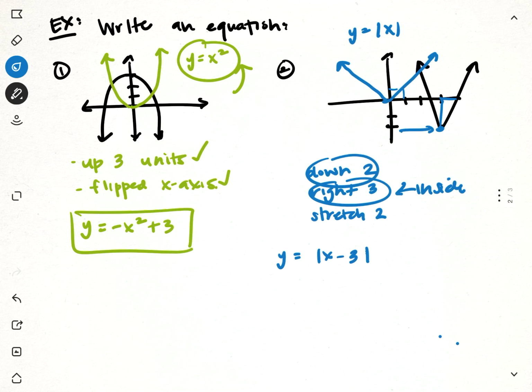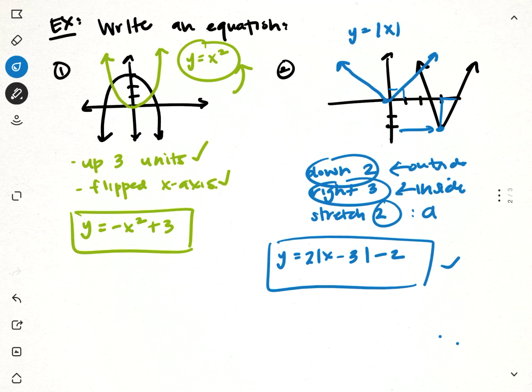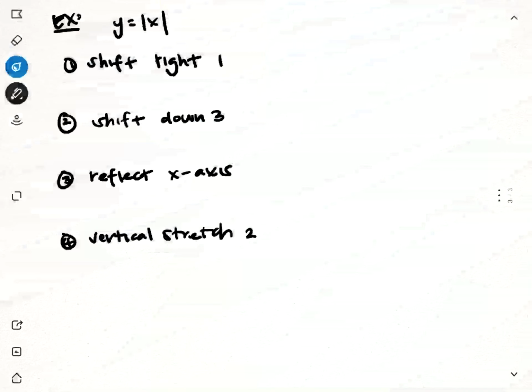It went down 2, so we know that's outside. Outside, and it's going to be down, so -2. And then the stretch 2, that's our a. So our a comes in front of our function. We'll just put a 2 in front of our function. Okay, and then that is pretty much it.